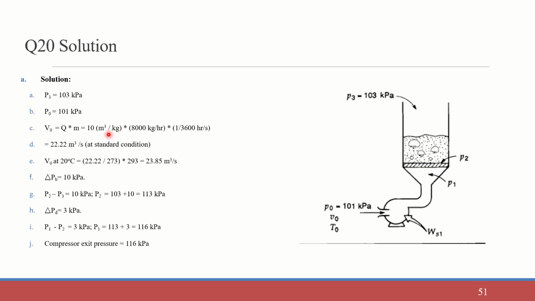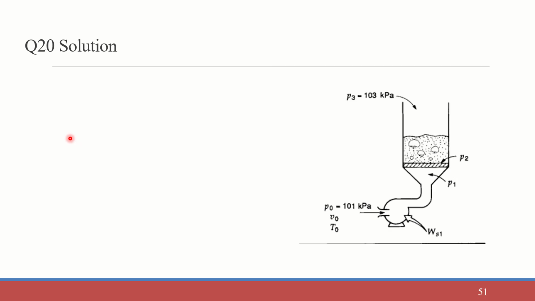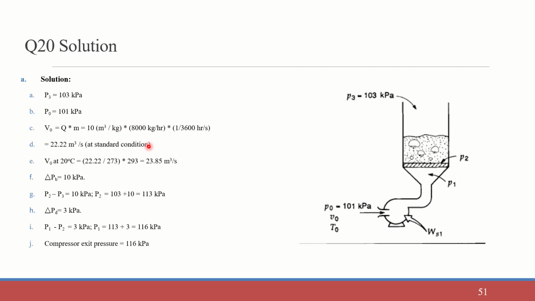It is not given directly in terms of meter cube per second, but as 10 meter cube per kg. And M is the mass flow rate, 8 tons per hour. One ton is 1000 kg, so 8 tons per hour is 8000 kg per hour.